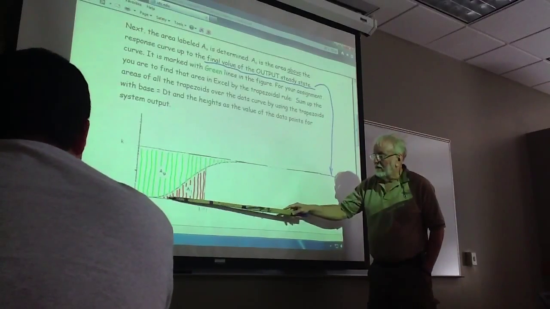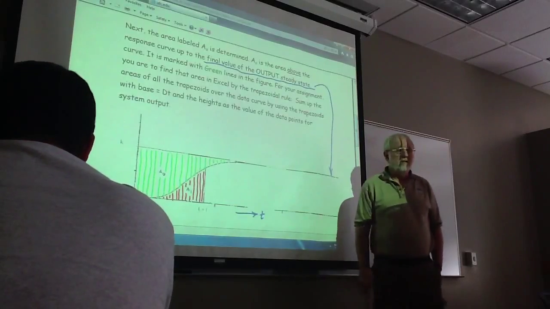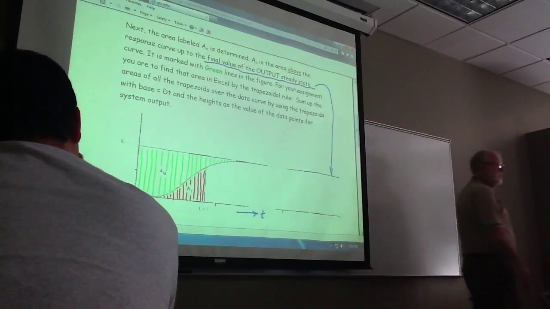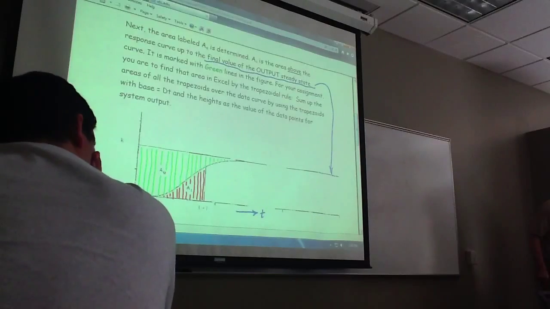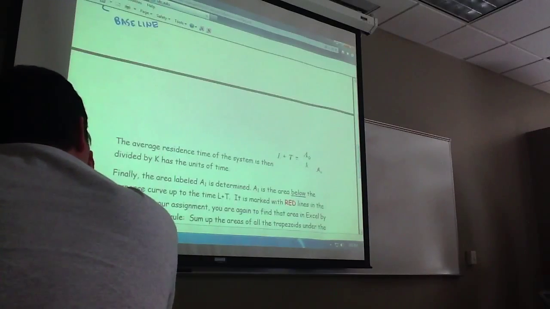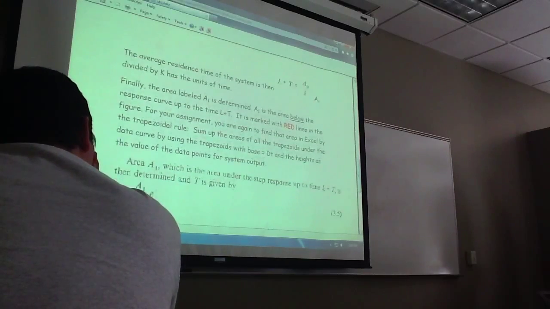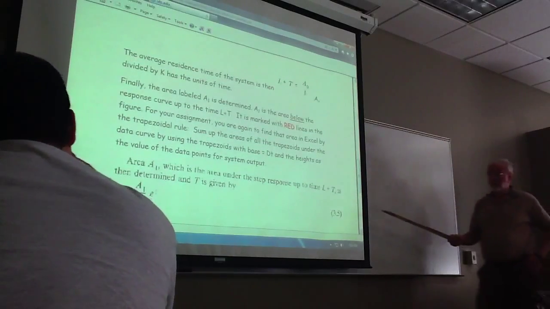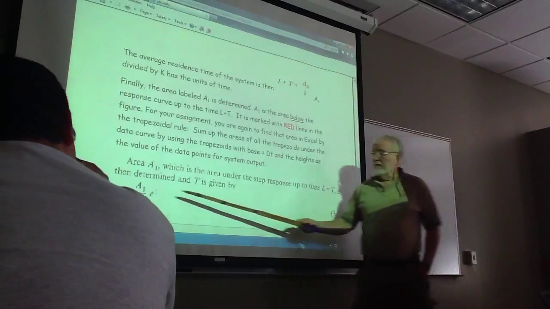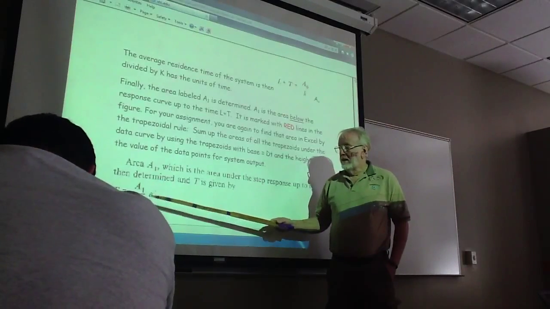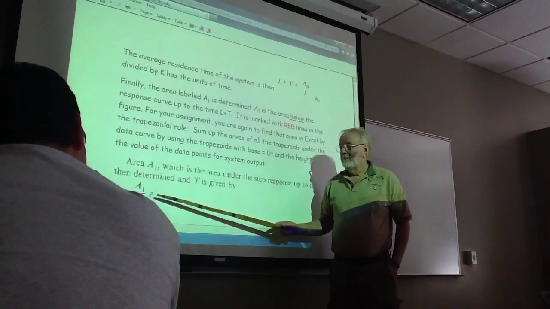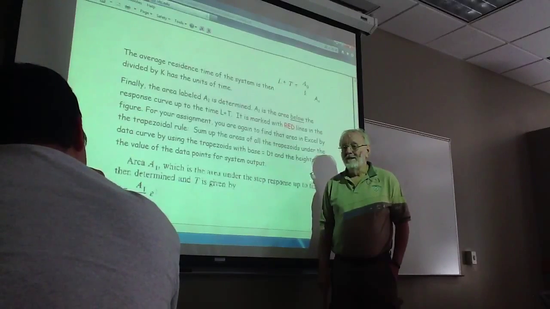You integrate under the curve up to L plus T, trapezoidal rule again. You with me, Ben? And then, magically, you get another equation that says T, which is the time constant, is equal to the area A1 divided by K multiplied by E.